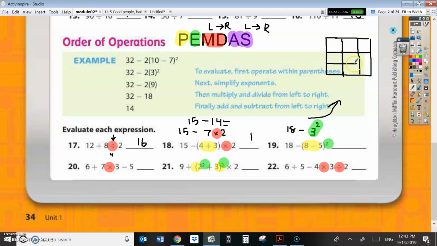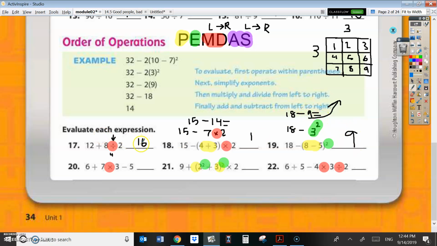So you turn 3 into a square. There's 3 here and 3 here. So 3 squared equals 1, 2, 3, 4, 5, 6, 7, 8, 9. So now you have 18 minus 9 equals 9.